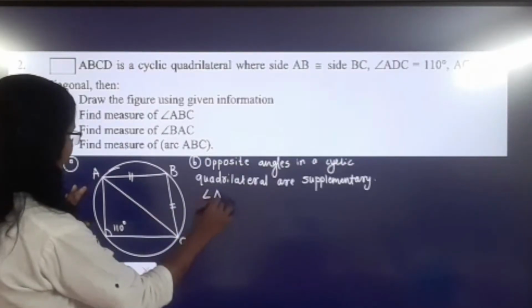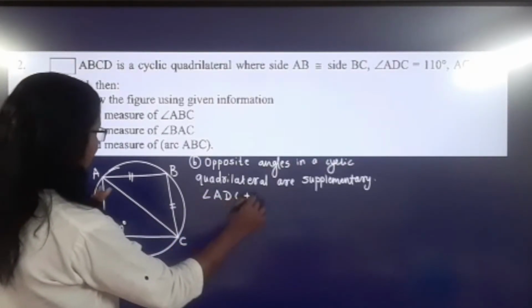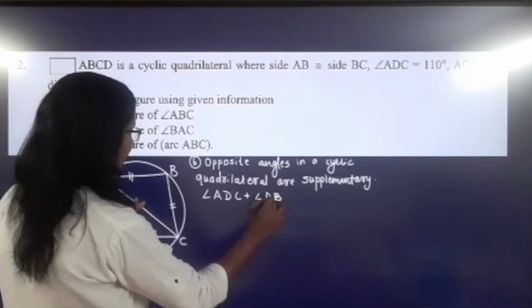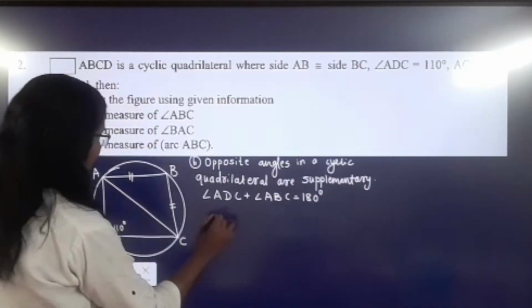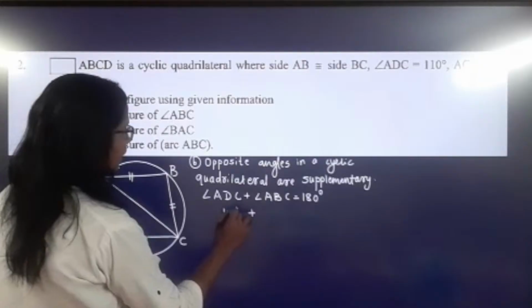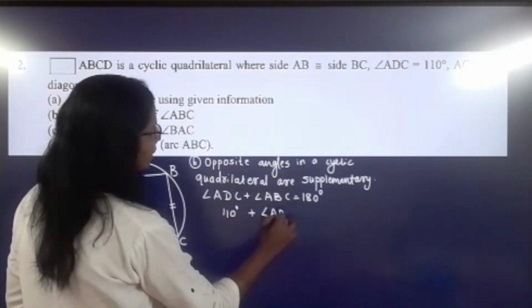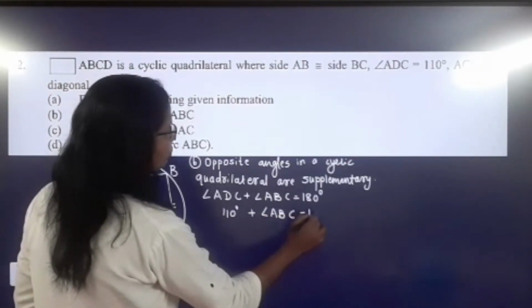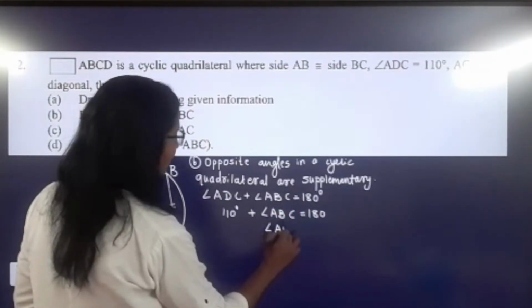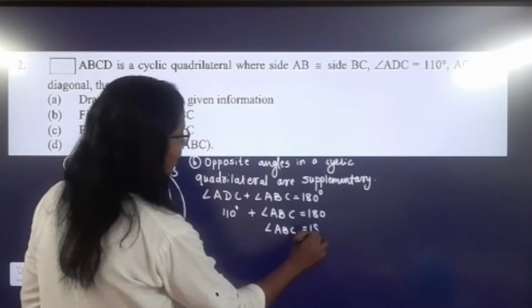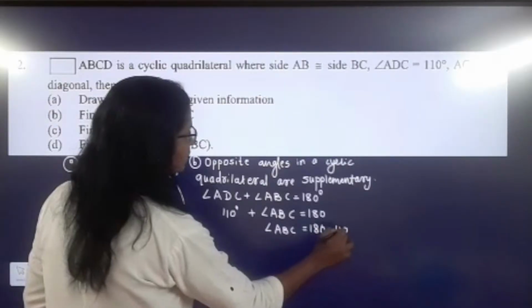So angle ADC plus angle ABC is equal to 180 degrees. Okay, students, so ADC is 110 degrees plus angle ABC is equal to 180. So here angle ABC is equal to 180 minus 110.